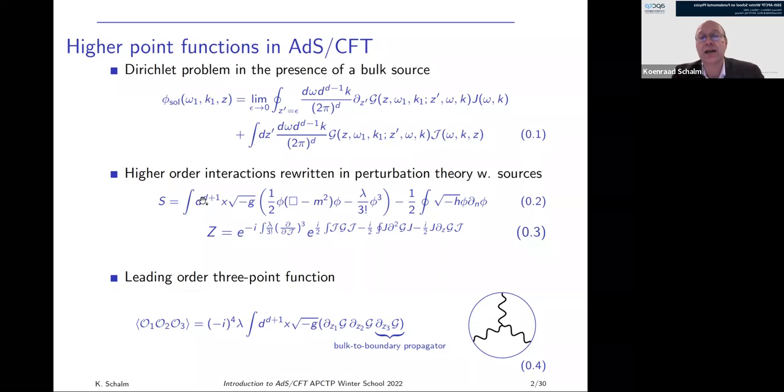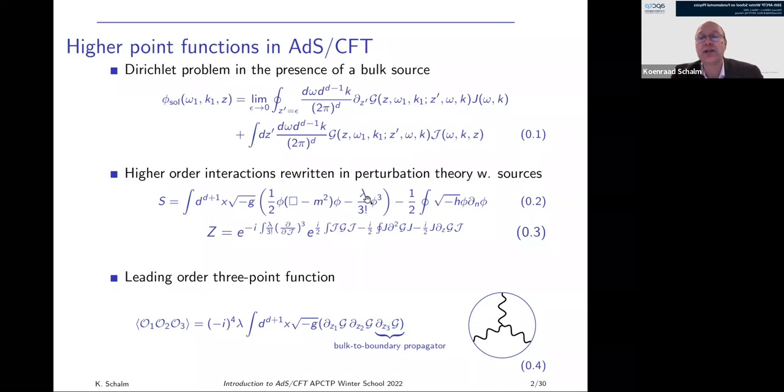So let's consider a simple scalar field action where I now have a nonlinear term, a simple phi cubed interaction. And again, what I did is I did one integration by parts. So I have the boundary term, and I have this term, which is proportional to the linearized equations of motion. So this solves the linearized equation of motion. When I substitute this in, this will vanish, but these other parts remain.